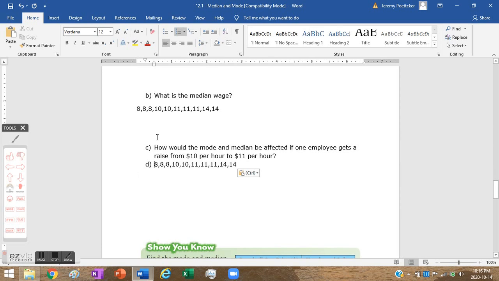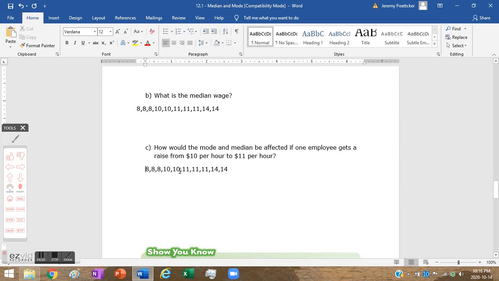One of the 10s has now turned into an 11. So, if we wanted to go through and cross them out, and if you need to pause to make sure you're caught up, please make sure you do that. At this point, we can see it's halfway between 11 and 11, which is 11. All right, so median would be 11. Mode would also be 11 if one got a raise from 10 to 11.